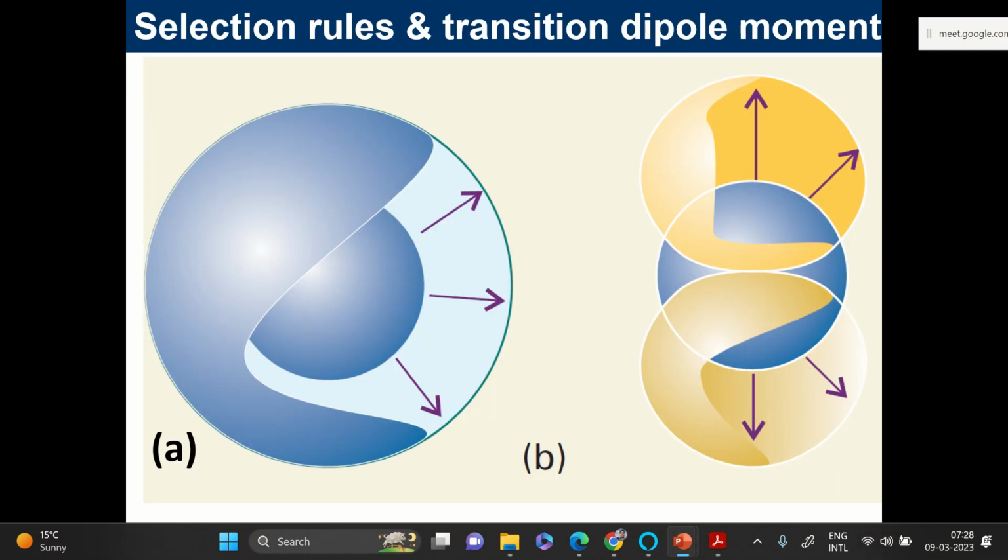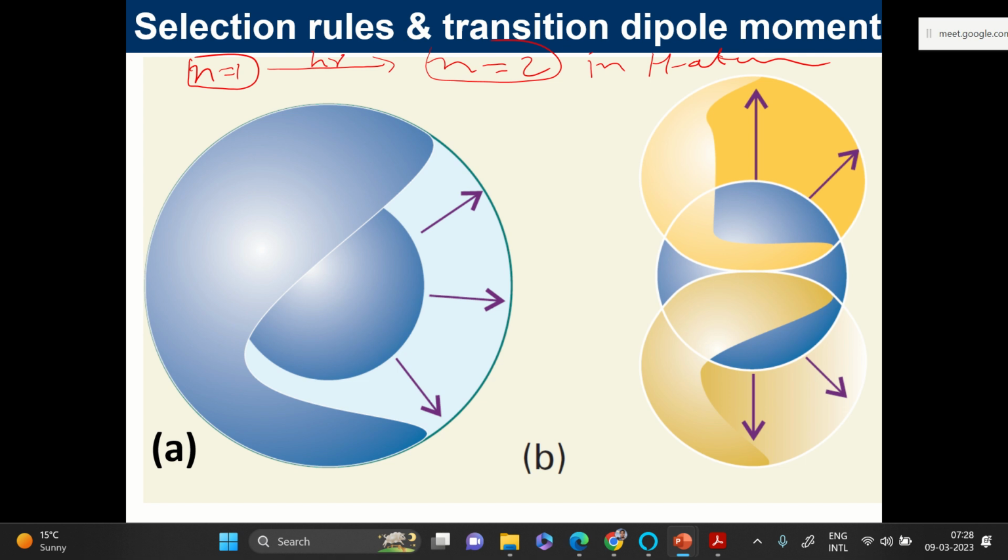Think of a hydrogen atom, and suppose we are talking about electronic transitions, from n is equal to 1, the first energy level, to n is equal to 2 in the hydrogen atom. So something like this. Then what should have happened? क्या होना चाहिए था, क्यों हो रहा है और कैसे हो रहा है, इसको समझने की कोशिश कीजिए. So this is the profile.